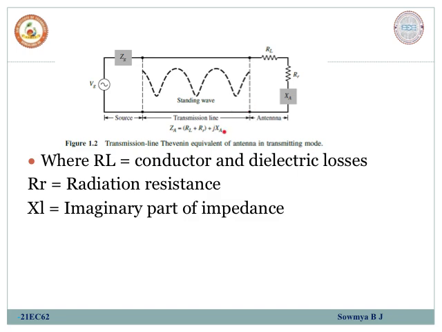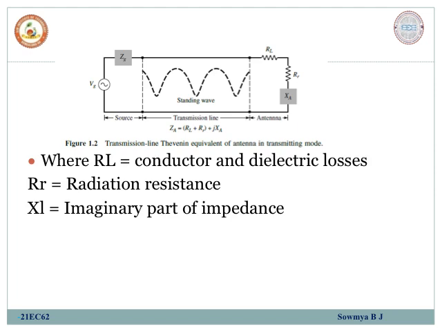The antenna has an impedance equal to RL plus RR plus jXA, with a resistance RL as well as the resistance RR and the reactance XA. We call this the antenna because it converts the electrical signal to the electromagnetic signal, or the free space wave.